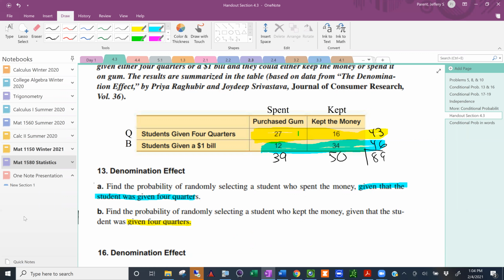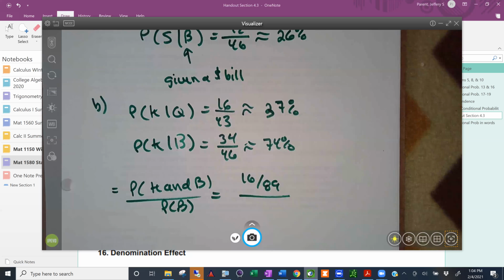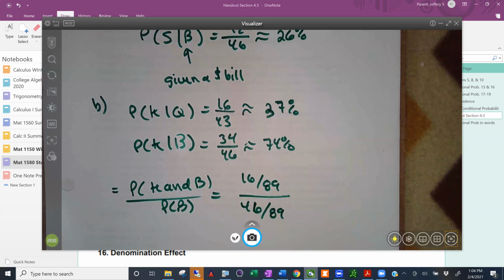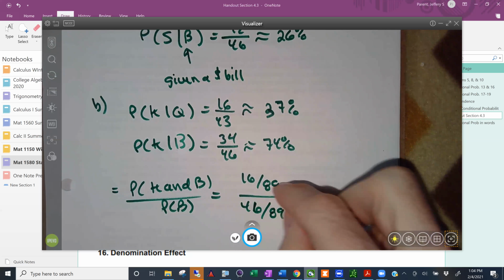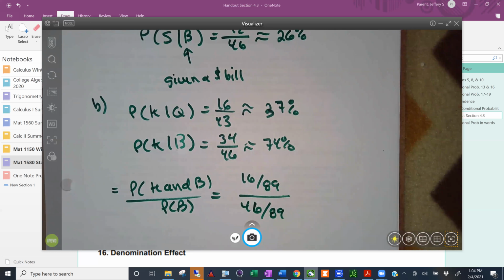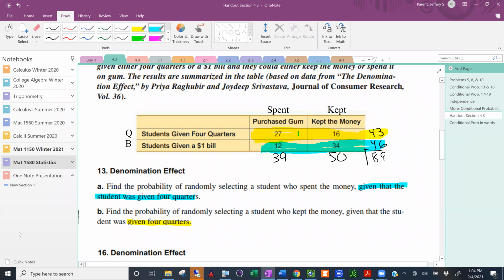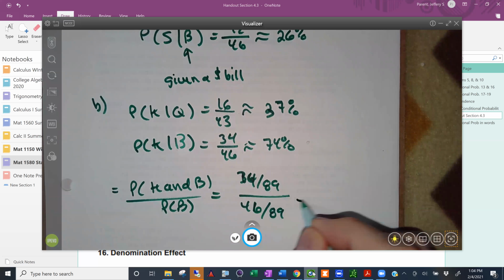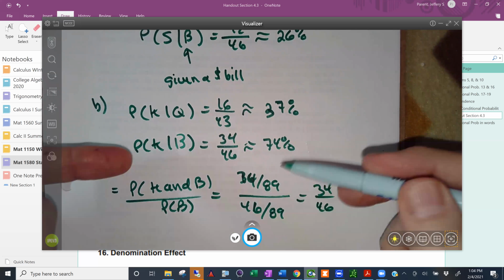And then the denominator would be the probability that you're given a dollar bill, so 46 out of 89. And when you simplify this, these two 89s will cancel and leave you with 34 out of 46. So it's exactly the same thing we got up above.